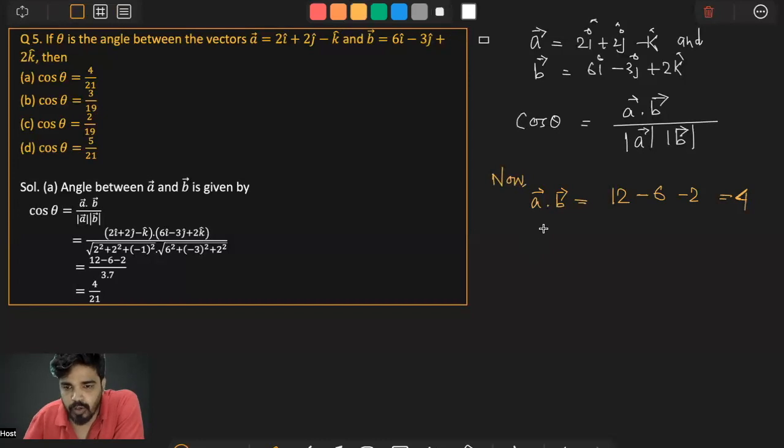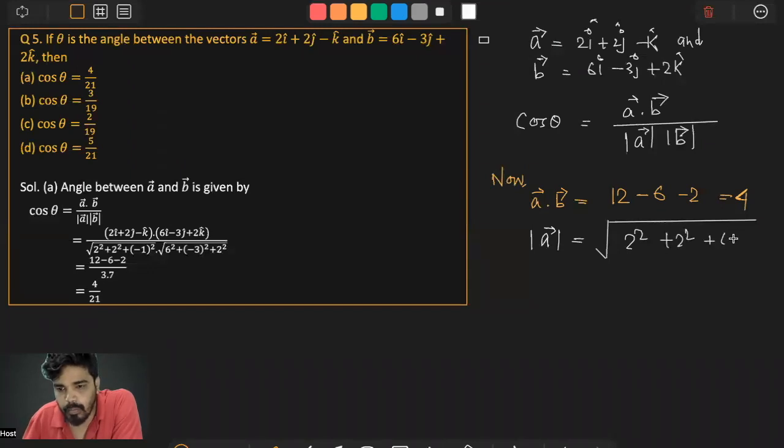Divided by modulus A. What is modulus A? That is root over 2 square plus 2 square plus minus 1 square, that is root over 9, that means 3.